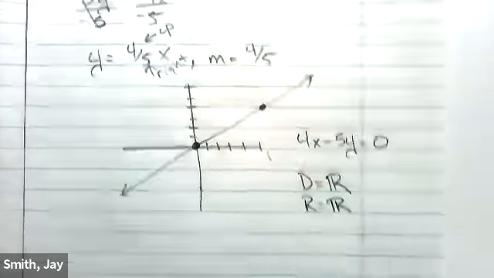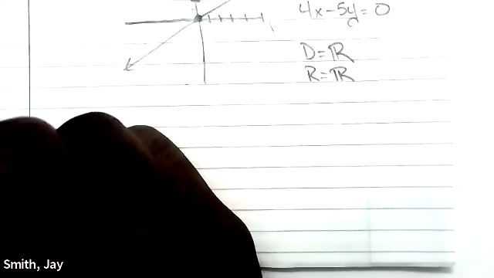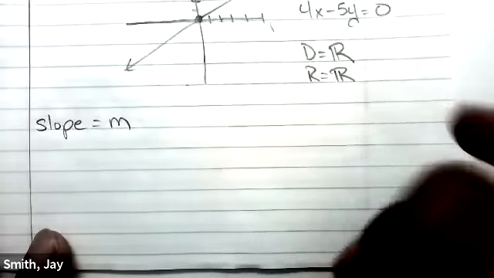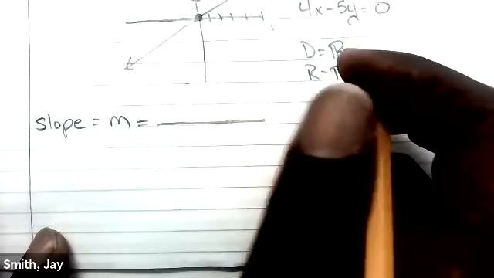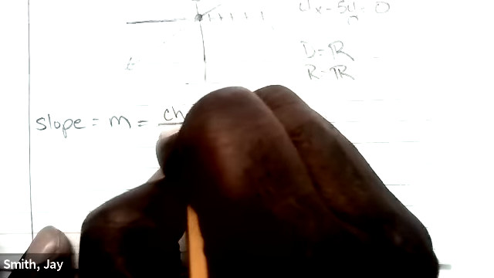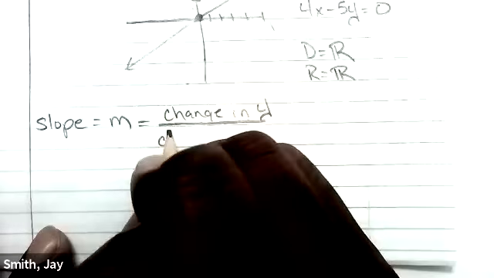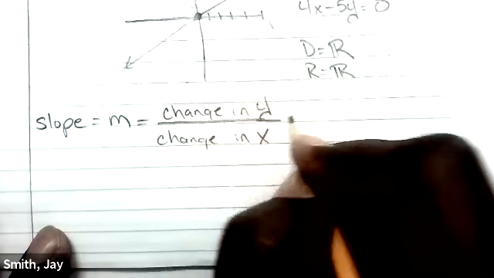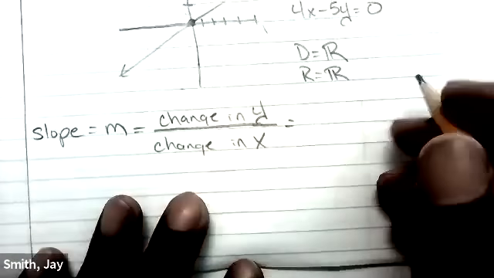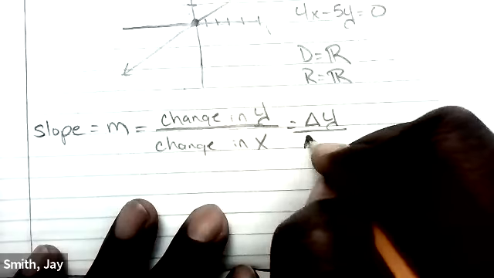Right. So just focusing on the slope for a second. Remember that our slope, usually signified by that lowercase m, is our change in y over the change in x. Mathematics typically denotes this as delta y over delta x.